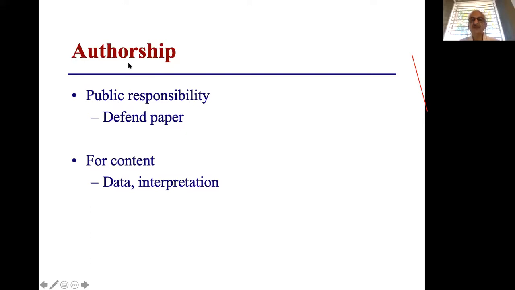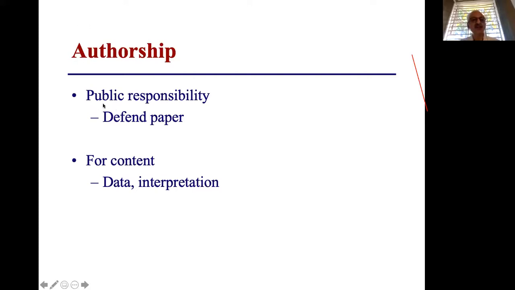And authorship is something which is extremely controversial in the Indian context, partly because of the Medical Council of India's regulations requiring us to produce a certain number of papers to be eligible for promotion, and not allowing every author on the paper to take benefit of the work that they've done. They permit only a certain number of people to be given that credit.